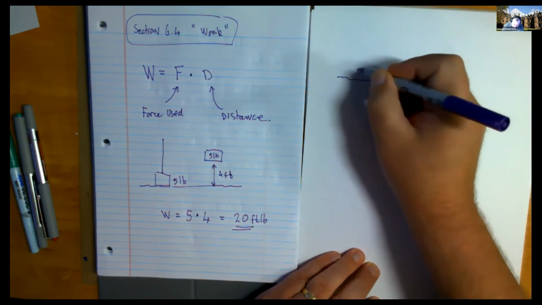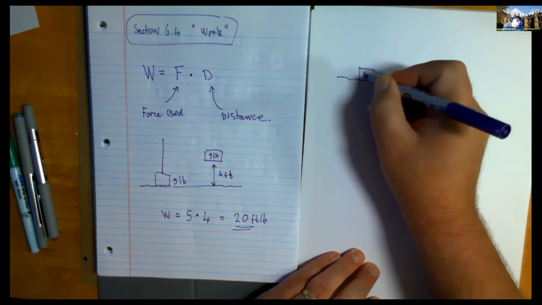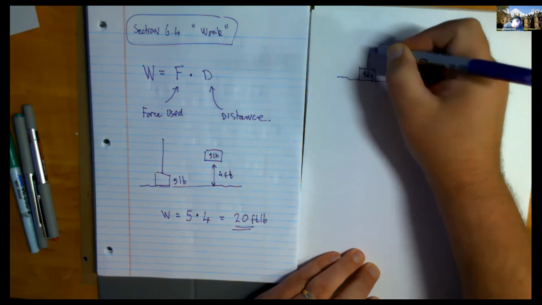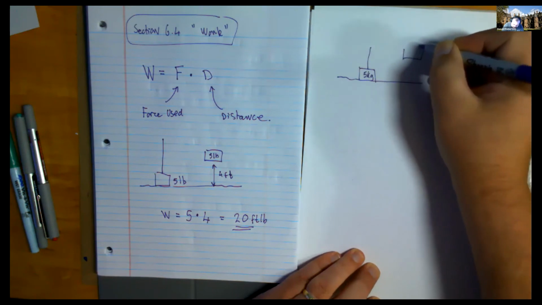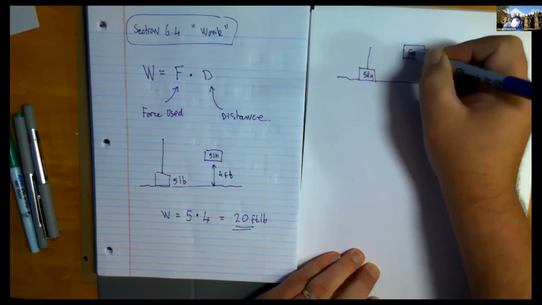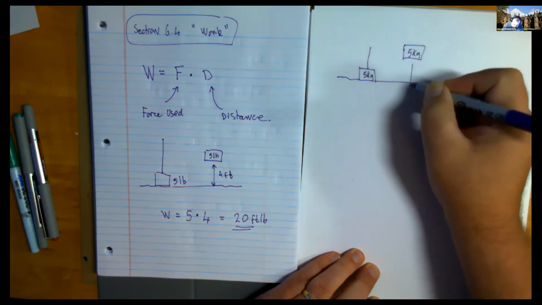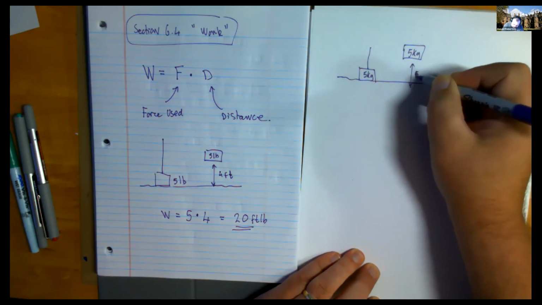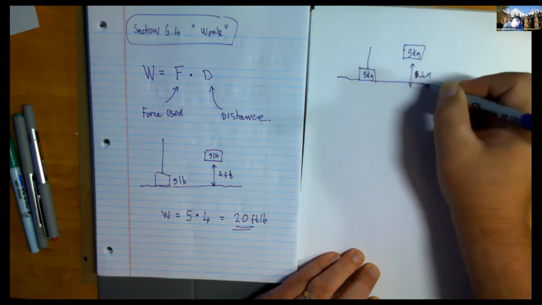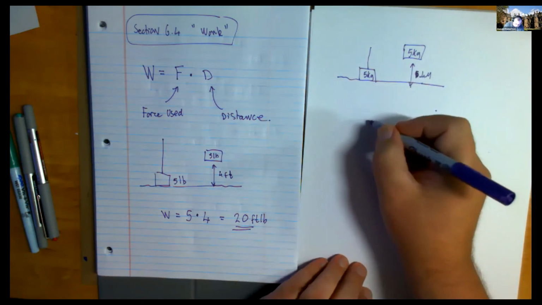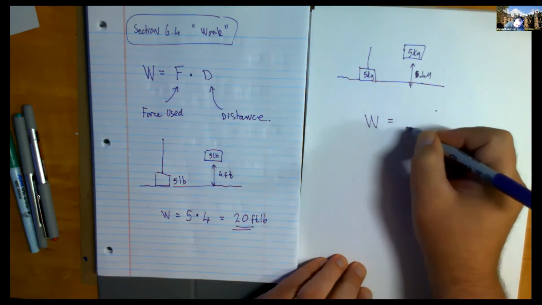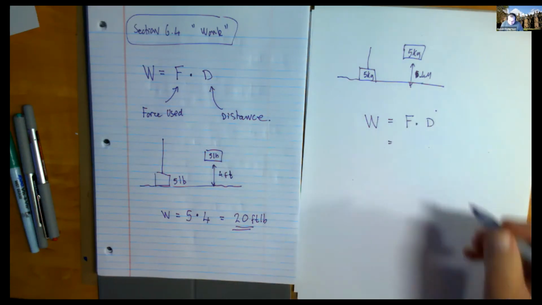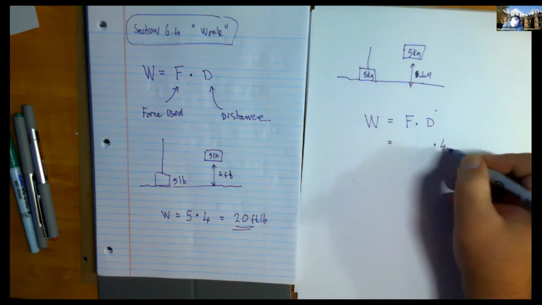Similar looking story. 5 kilograms, and you lift it up a little bit. Let's keep the numbers the same, although the units are not. And you do it 4 meters. The distance is definitely 4.